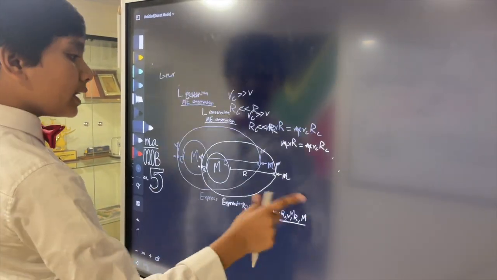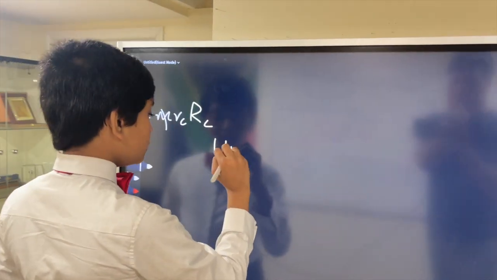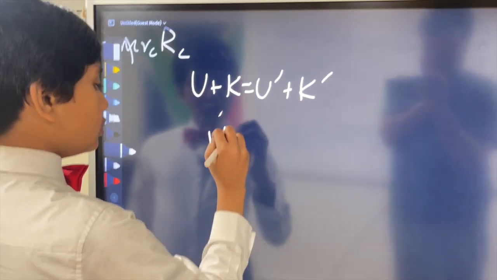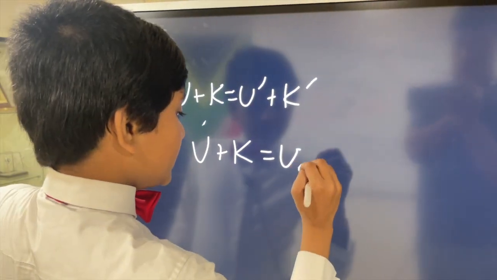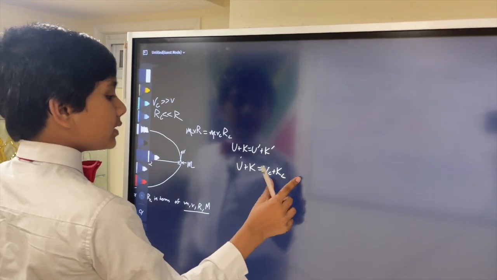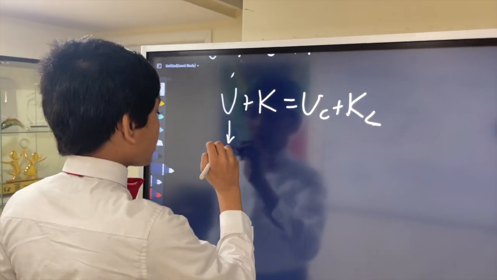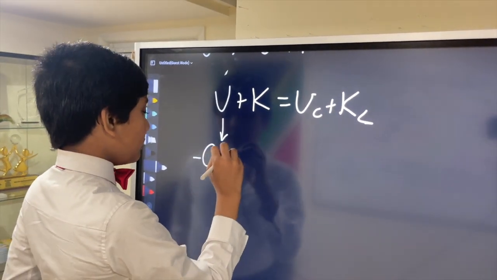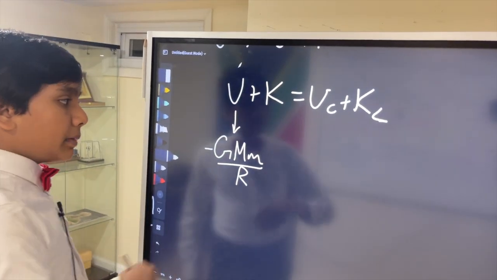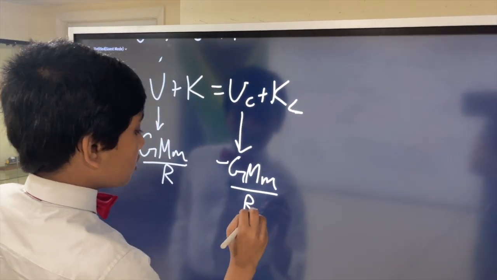So, mechanical energy conservation, you should all know it by now, says that U plus K initial equals U plus K after. In this case, U plus K at our farthest position is equal to UC plus KC, which is at our closest position. Now think about it. U is going to be, since we're talking about space, not close to Earth, minus G big M little m over R. But UC is going to be minus G M m over RC.